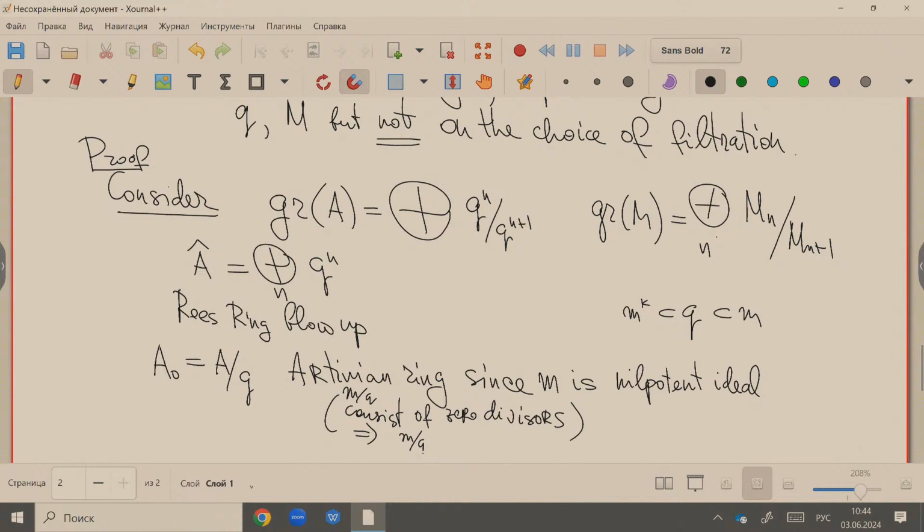So that means, since Q is primary, that M mod Q is a nilpotent ideal. So this is nilpotent.